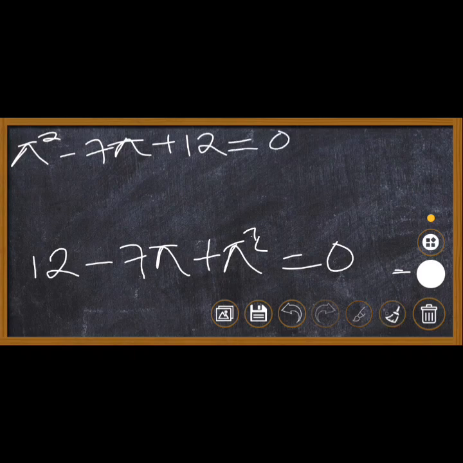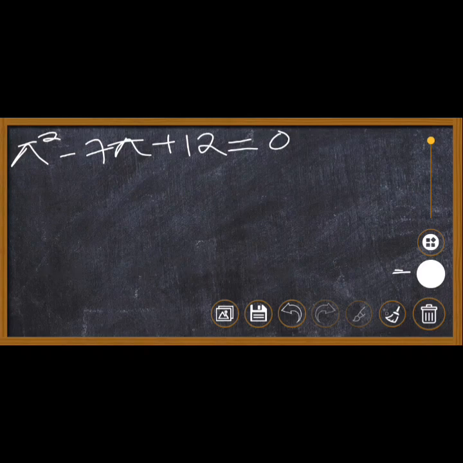Which method do you think we can use to find the values of pi? Whichever method you are comfortable with, you can use. If you are comfortable with the square method, you can use it. If you are comfortable with the formula method, you can use it. If you are comfortable with the factorization method, you can use it.